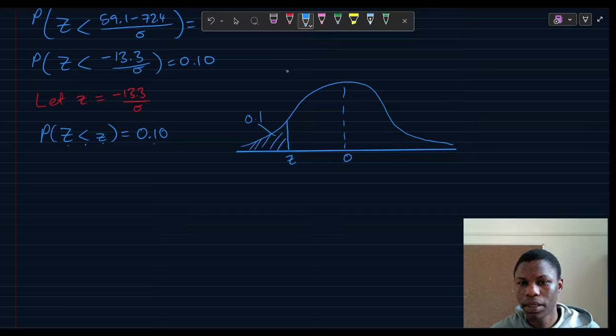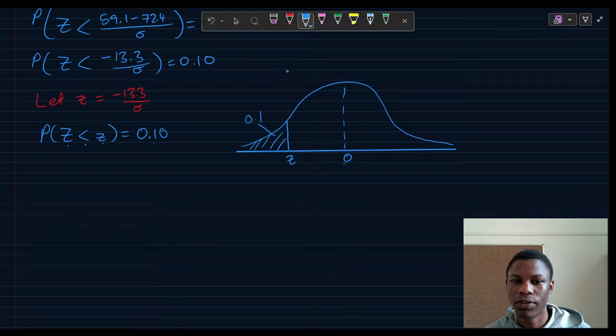And the reason this is important is it tells us what sign we're going to put on our Z value. From this diagram, I can tell that Z is clearly less than 0 since it's to the left of 0. So whatever Z value I get from my tables, I'm going to have to make it negative because I can tell from my diagram that Z should be negative.